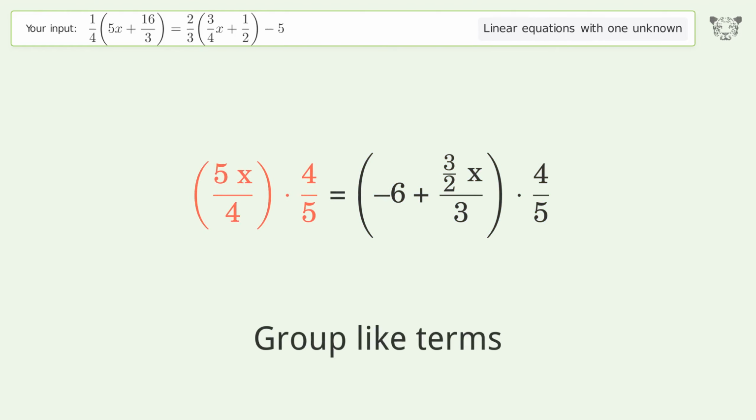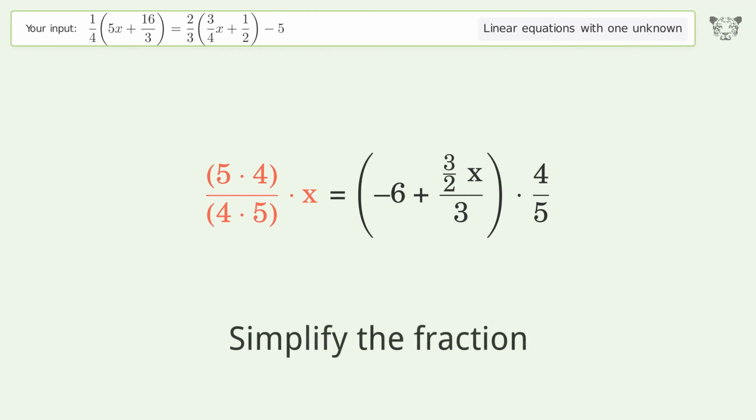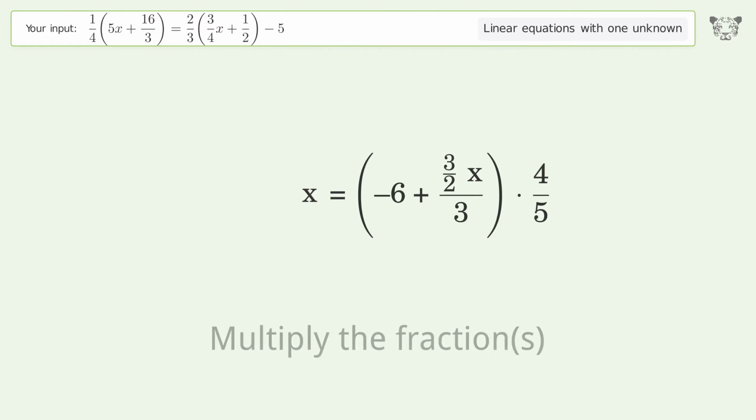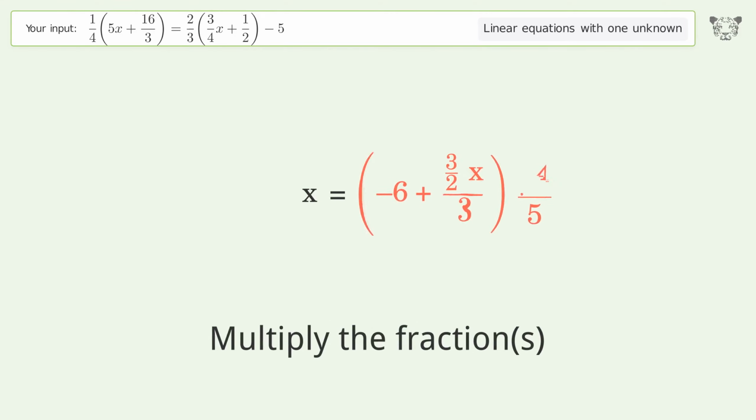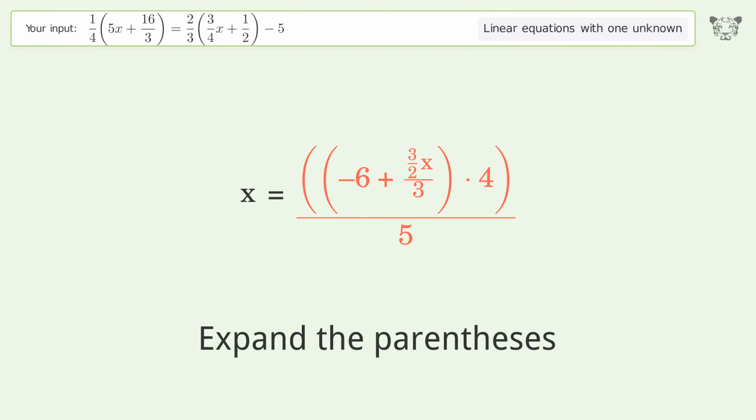Group like terms. Multiply the coefficients. Simplify the fraction. Multiply the fractions. Expand the parentheses.